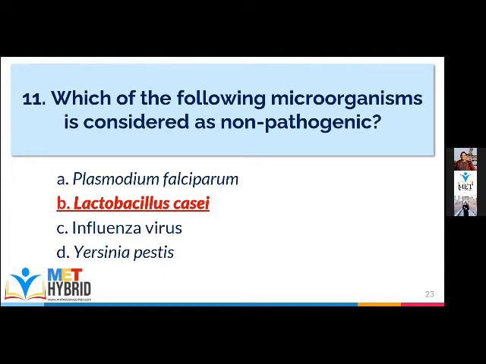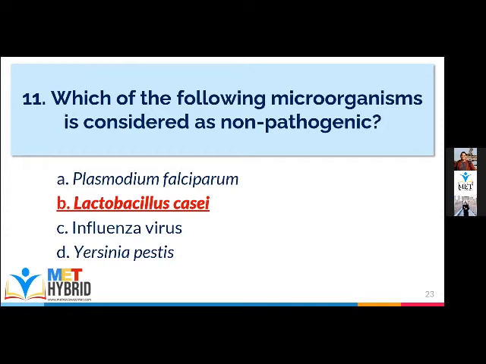Yersinia pestis is the cause for, yes, the plague, or the bubonic disease, or made famous as the bubonic plague, or the dark plague. Yersinia pestis is a bacteria which is carried by rat flea, yung mga kuto ng daga. So if yung mga kuto ng daga would be biting a particular person, that's the time they can transmit the bacteria, and the bacteria can now cause the bubonic disease.